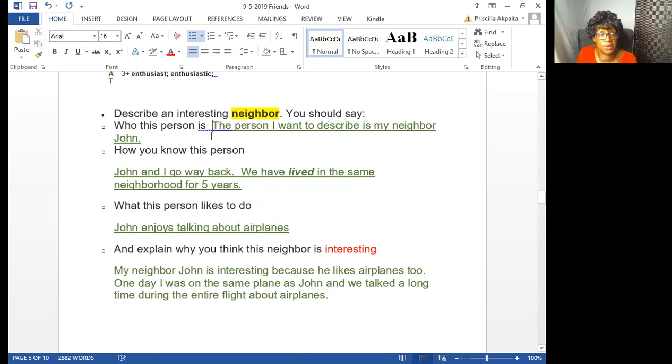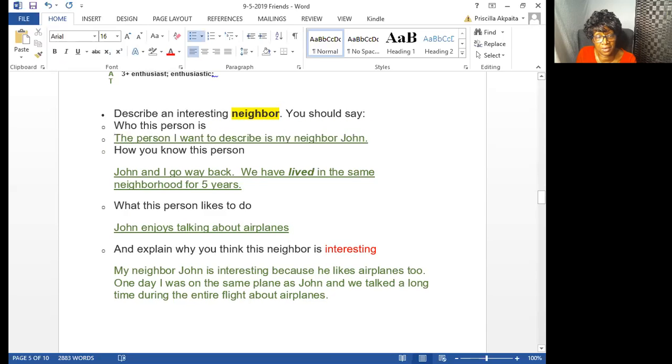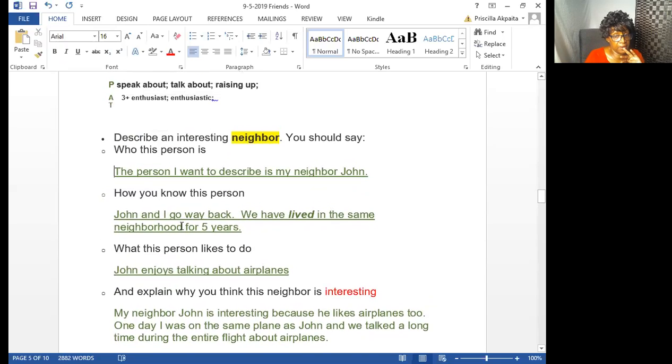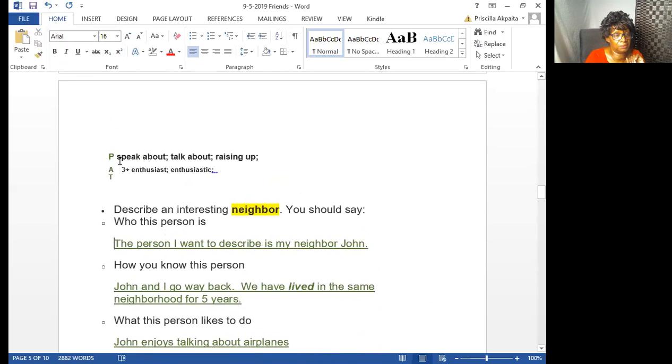Let's see, what am I going to do here? I'm just trying to sort it out for you so that you can see it a little better. When we look at our PAT, I want you to just think, we're thinking about words that we can use with our neighbor. These are our phrasal verbs.